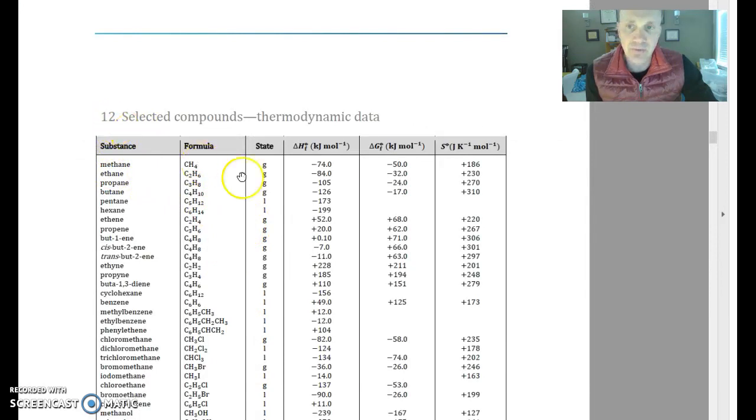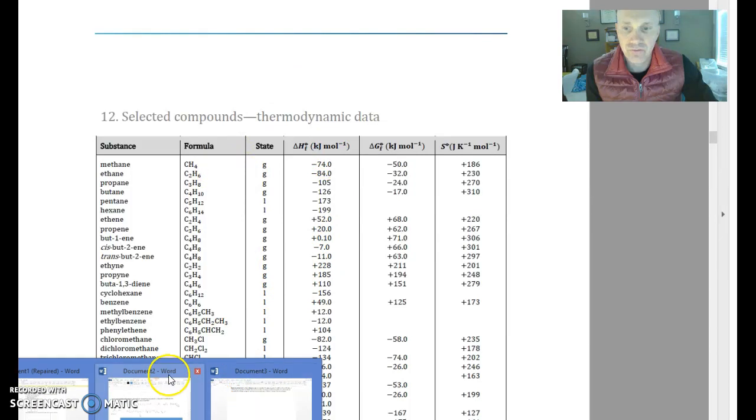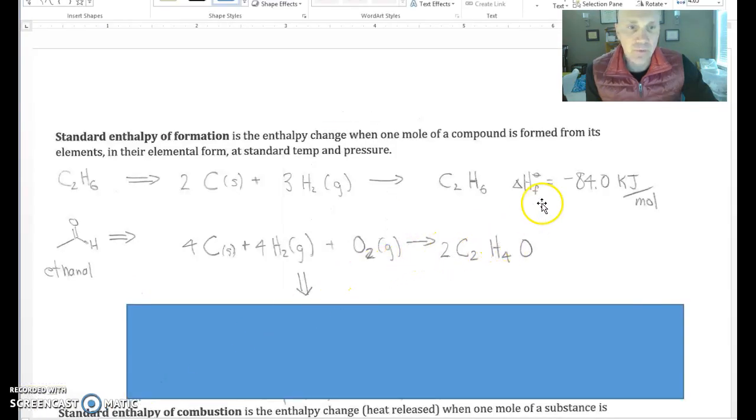This is in table 12, and you'll notice that for all these compounds, one of the quantities that they give you is that standard enthalpy of formation. And notice it's in kilojoules per mole, and that's why, since it says per mole, when you have your balanced equation, this needs to be 1 right here.